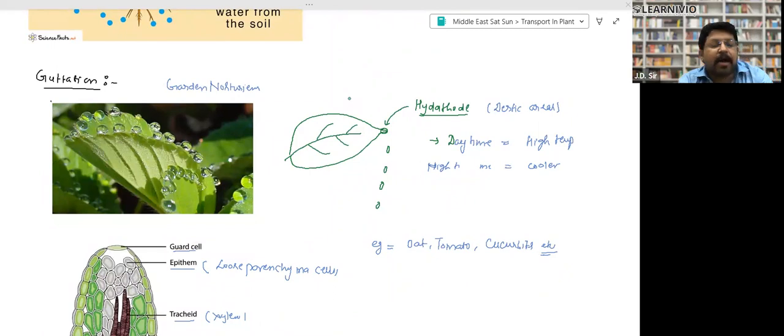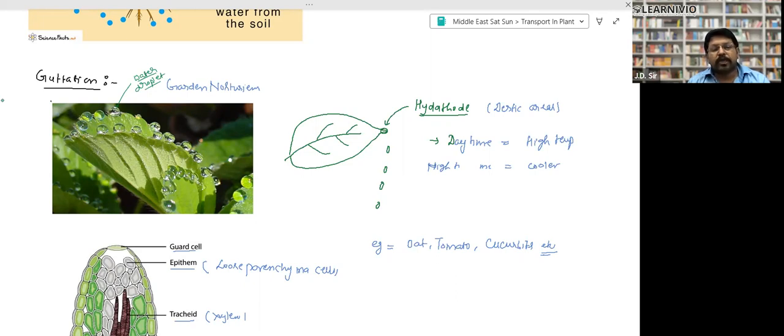There are some plants where guttation takes place. You can see the picture of garden nasturtium. It's a plant, and these are the water droplets, which are getting accumulated. So guttation is taking place.